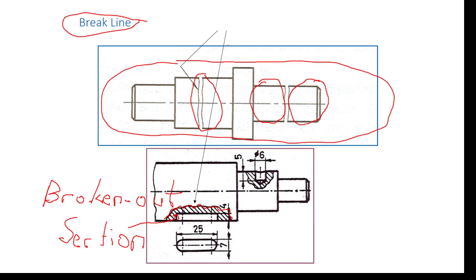To highlight that the intermediate part of such a long feature has not been shown on this view, we use break lines. Two parallel wavy lines are used. One wavy line terminates the image of this part, the other wavy line bounds the other portion, and the intermediate part has not been shown.